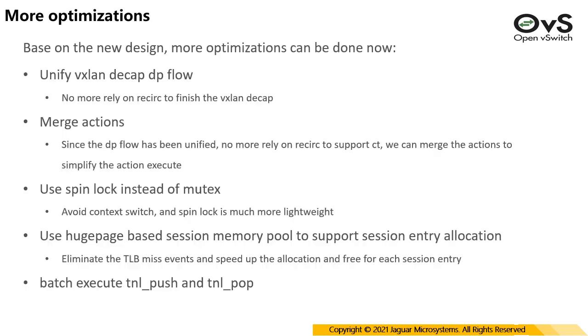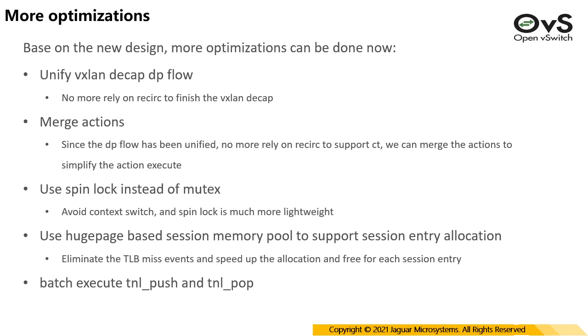Based on the new architecture design, more optimizations can be done now. For example, we may unify the VXLAN decap datapath flow, and then there is no more recirculation on both the TX and RX direction. The datapath flow has been unified. We can merge the actions in pair, such as the push VLAN and pop VLAN actions, to simplify the action execution.